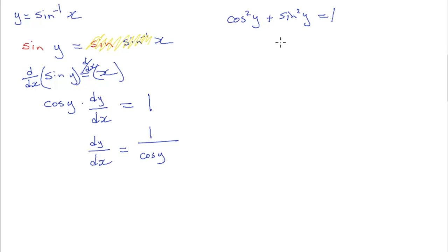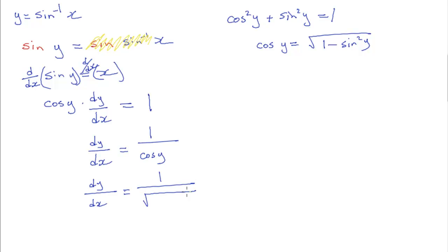That's an identity that we know is always true, which means we can solve for the cosine of y and get the square root of 1 minus sine squared of y. That's just solving that identity. If we substitute that in, we get 1 over the square root of 1 minus sine squared y. And we still have the derivative of y in terms of y.